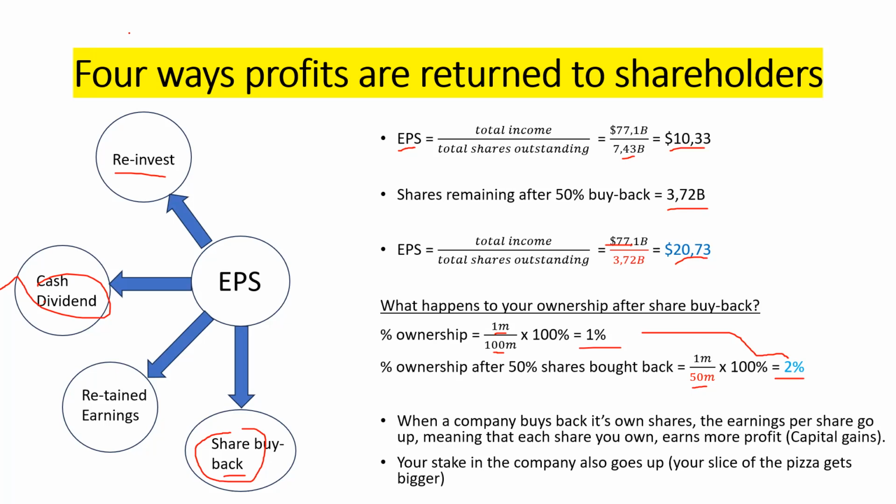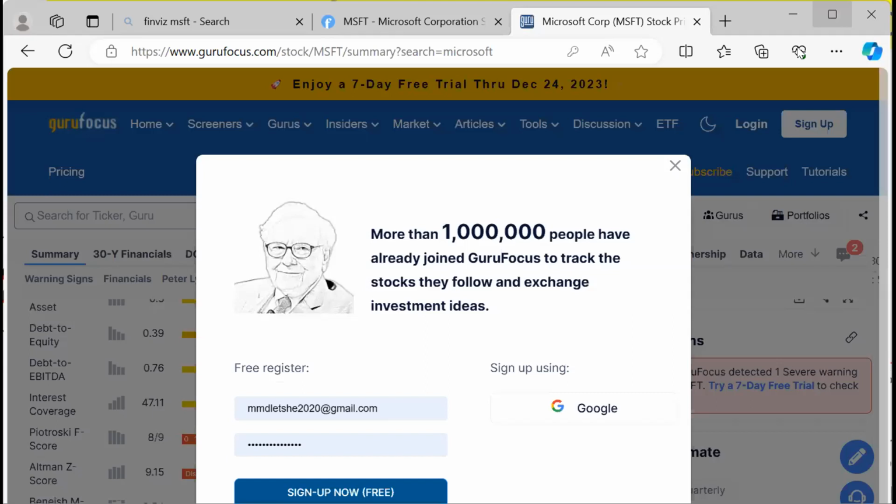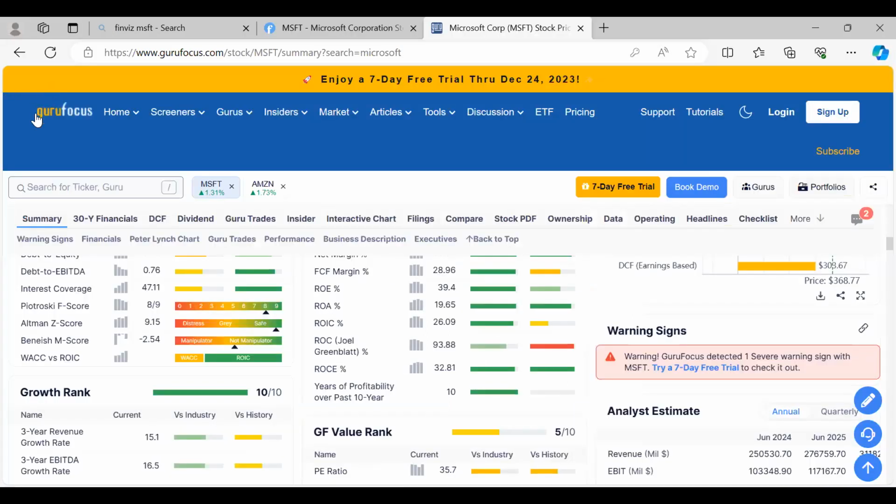So where can I find this figure? Well, we can find it in a website called Guru Focus. All right, we navigate to Guru Focus. And there you go. We are in the site, and it's called Guru Focus. And we read off the ROIC for Microsoft is 26.09%.